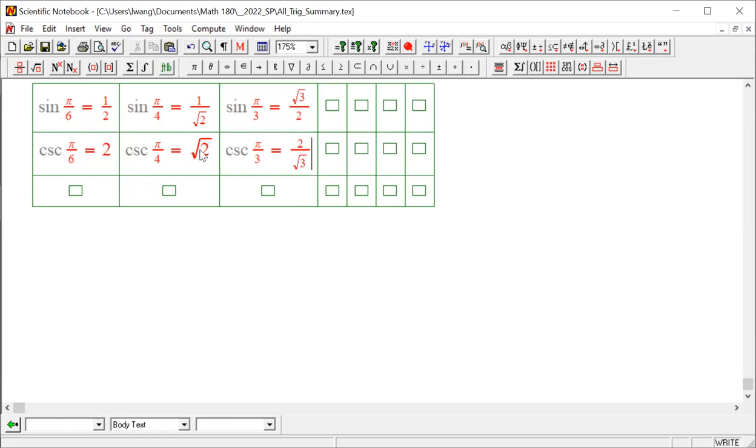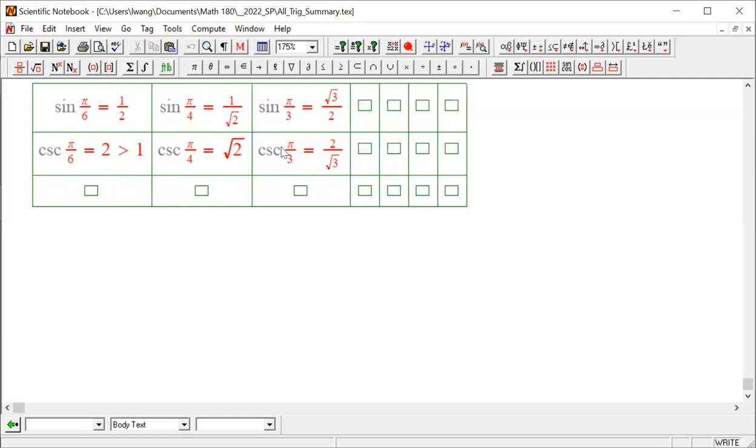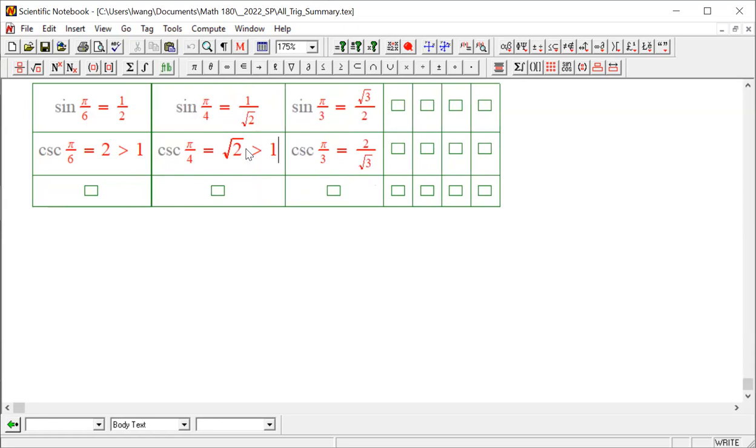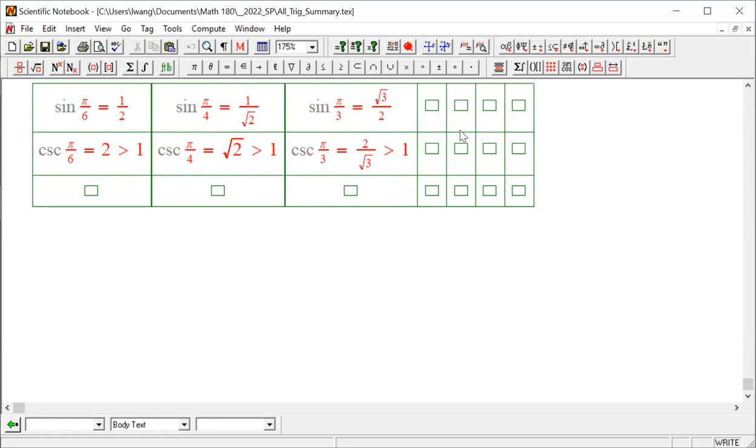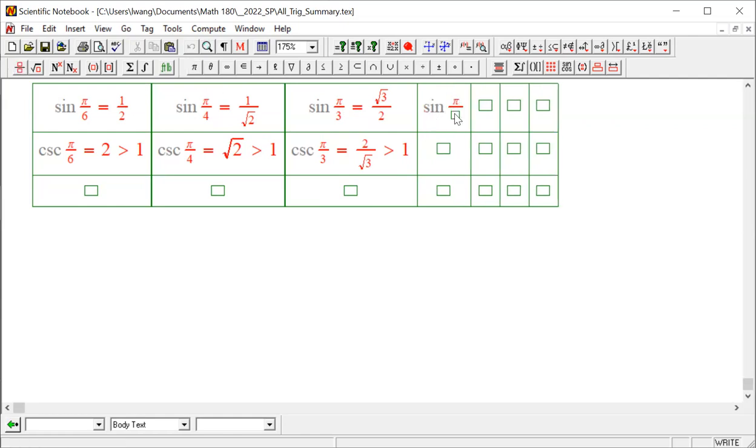And each one of these values, as you observe, is going to be at least 1. This is larger than 1, and this is larger than 1, and this is larger than 1. And there are ones that equal 1 for sure, for example sine of pi over 2 equals 1, so cosecant of pi over 2 is 1.